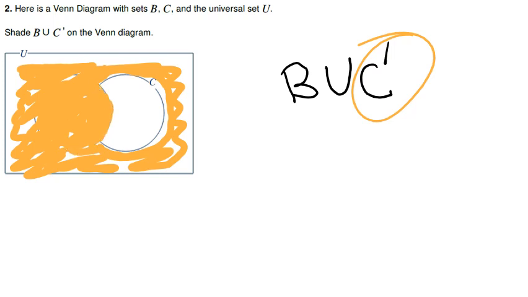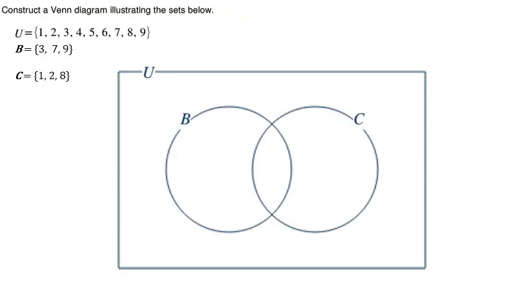But you have this little piece here only because, again, remember, that is B right here. And as long as we're in B, we're good. Union means either or. Okay? There we go. Next problem. Pause the video.